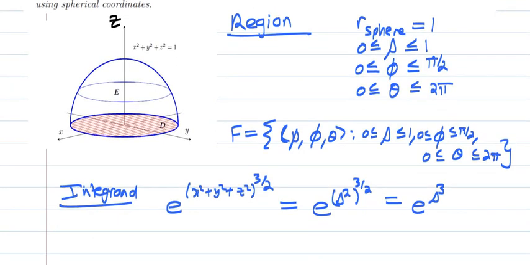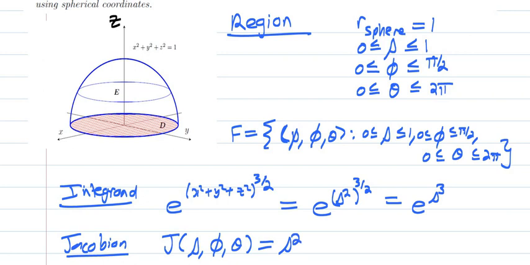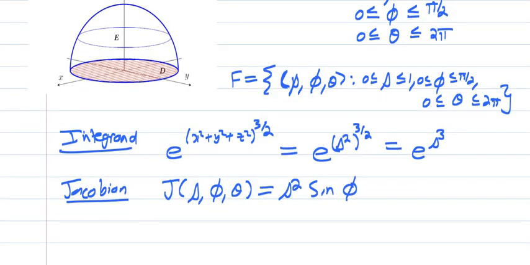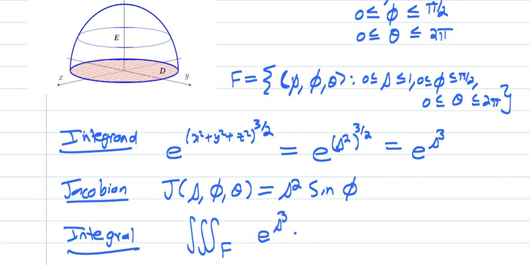I'm just going to make another heading to emphasize the Jacobian. If you're going to spherical coordinates, using rho, phi, theta, the Jacobian is rho squared sine phi. Now we are happy, because the integral becomes an integral over F of the integrand, e to the rho cubed, times the Jacobian, rho squared sine phi, dV.